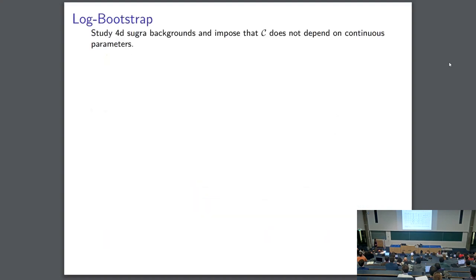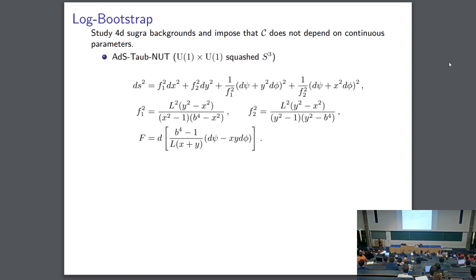And in fact, you can take two examples, which are precisely the dual. So the first example is the dual of this squashing of the sphere. It's an explicit metric. It's called ADS Taub-Nut, and this is the supersymmetric version of the metric.